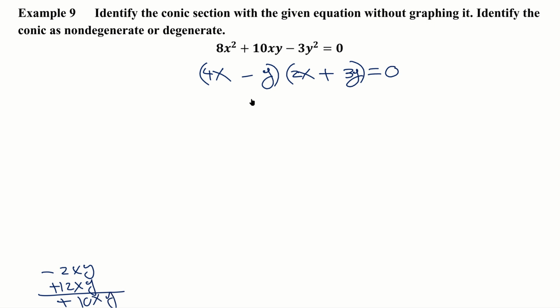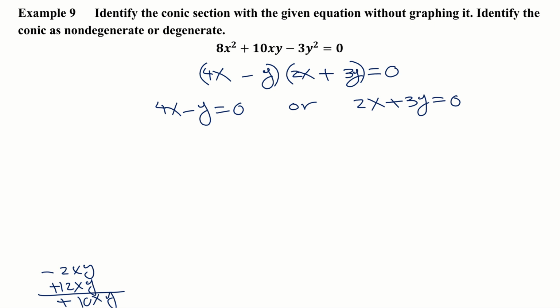So this is one of the interesting situations that may arise when it comes to these conic sections. And notice what happens. If I try to solve this, I get either 4x - y = 0 or 2x + 3y = 0.